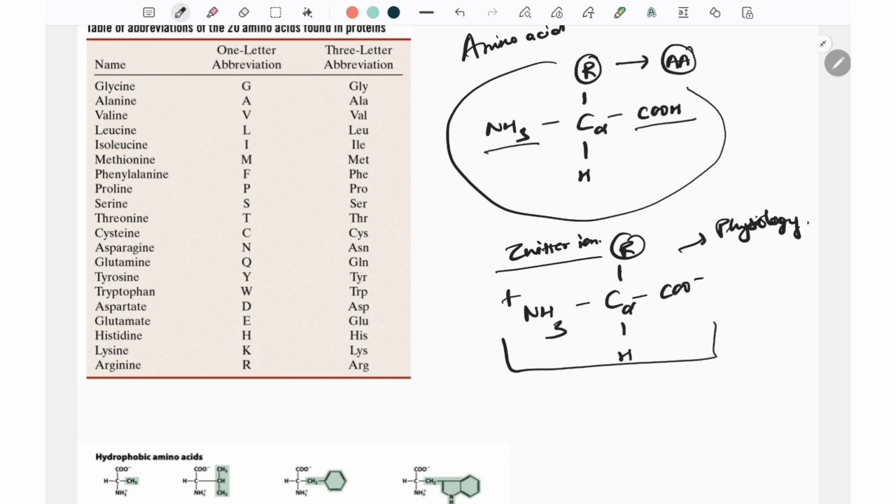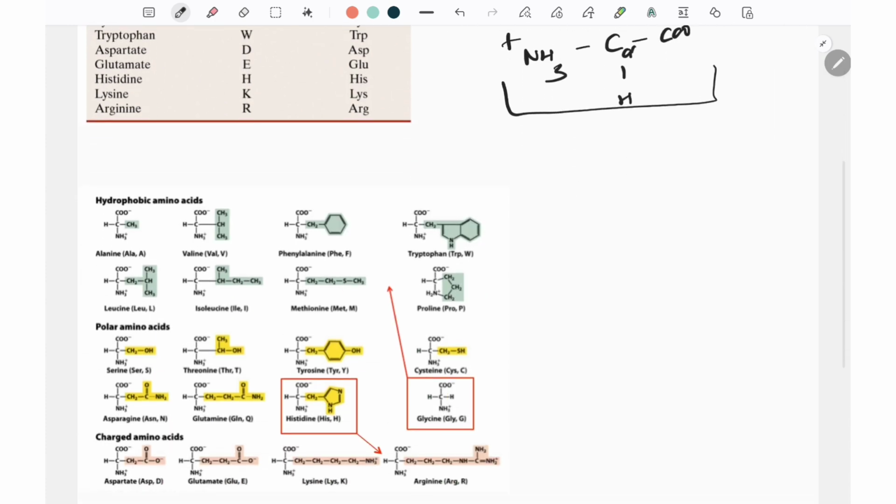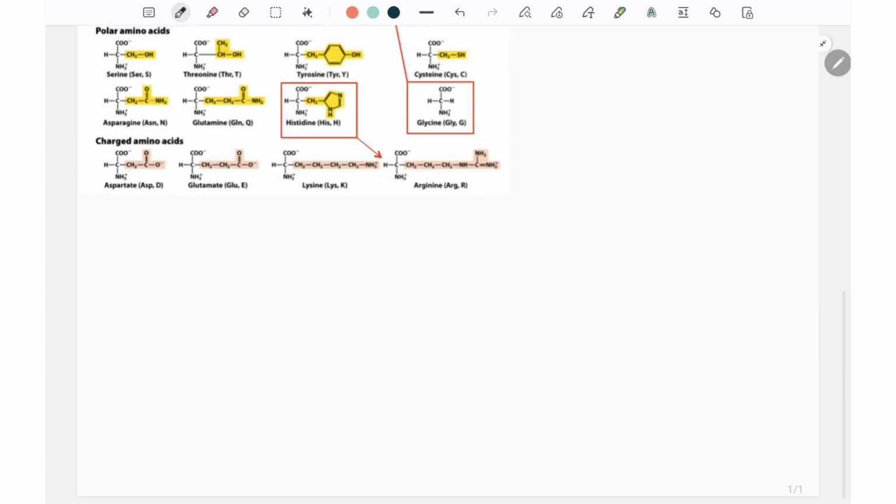This R group has several roles in it. It determines the properties of these amino acids.